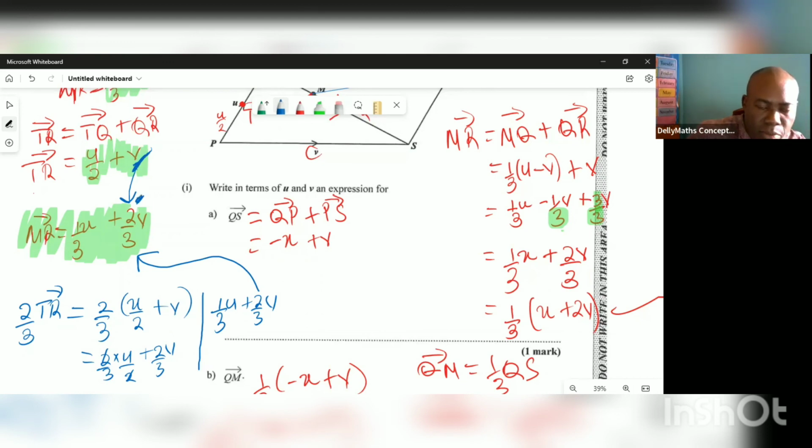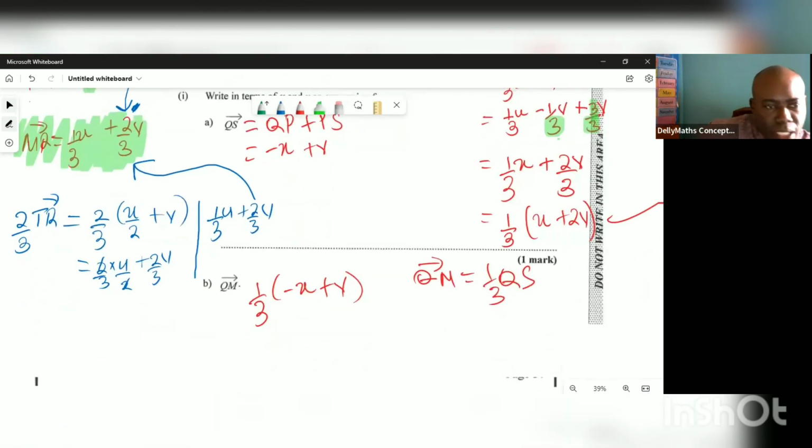So that means everything was multiplied by 2/3. And then you can just try it and prove for yourself. So definitely you could see that they're parallel, because 2/3 TR did give us MR.